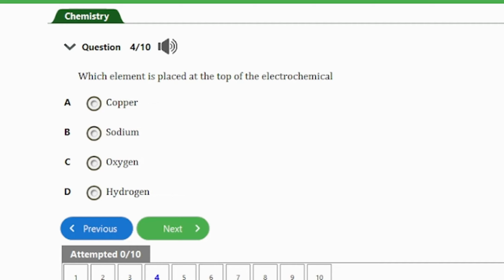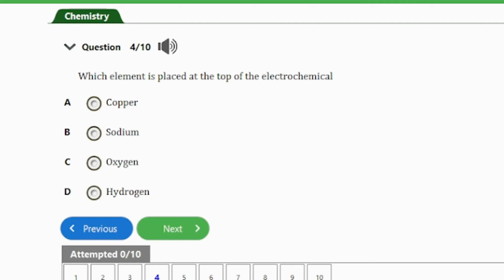Question number 4. It says, which element is placed at the top of the electrochemical series? A, copper; B, sodium; C, oxygen; D, hydrogen. So guys, in the electrochemical series, also known as the reactivity series, sodium is actually placed at the top. The electrochemical series is a list of elements in the order of their standard electrode potential.